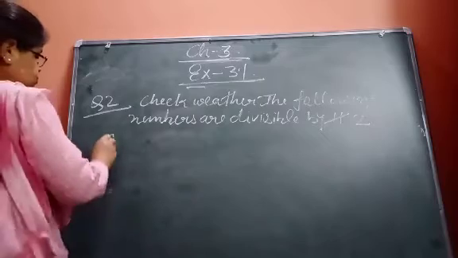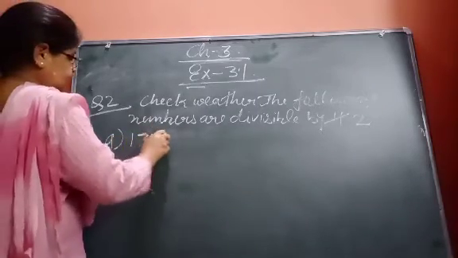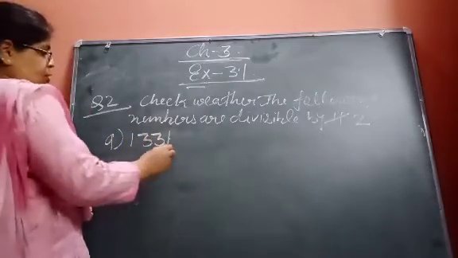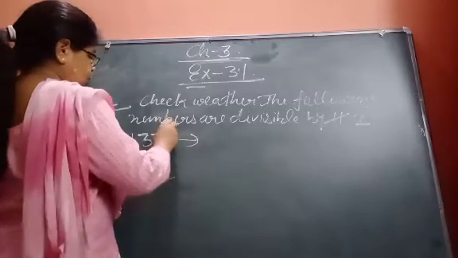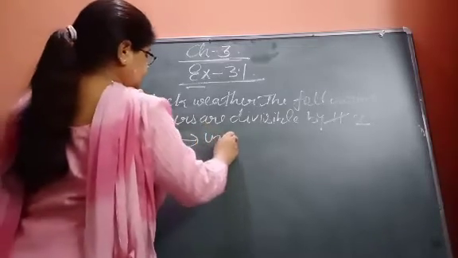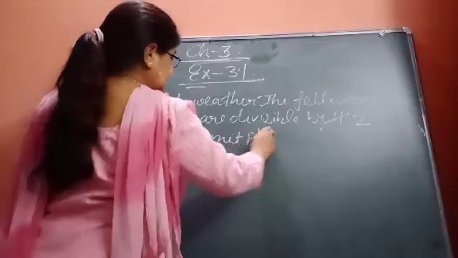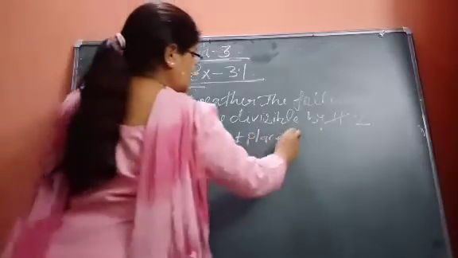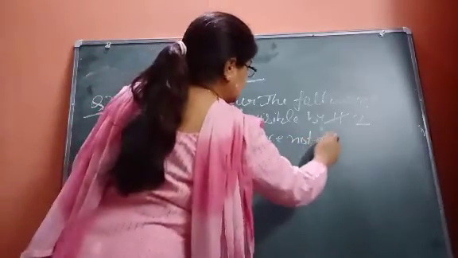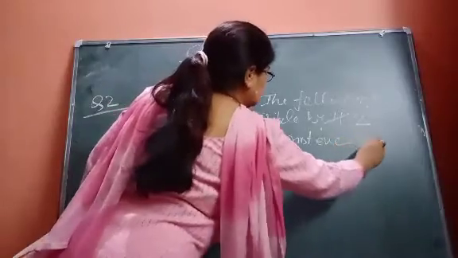See the first question, 1331. For divisibility by 2, what I told is that the unit place should be an even number or 0.